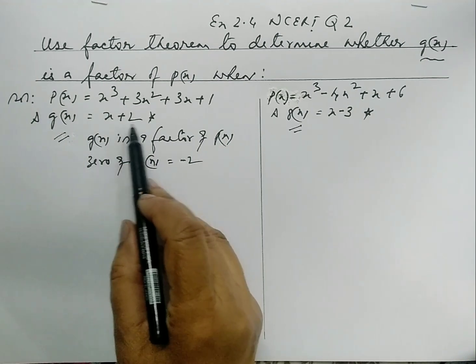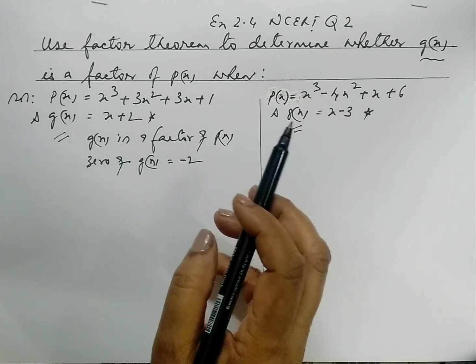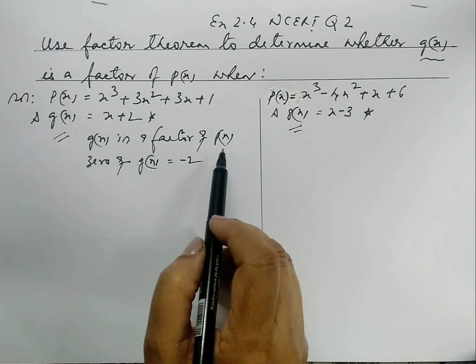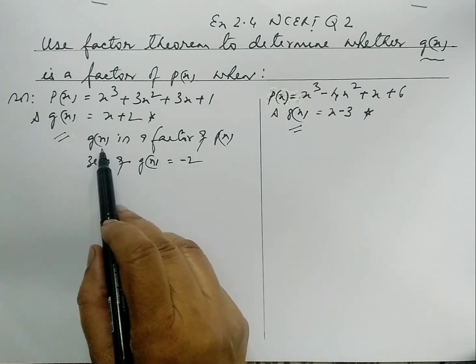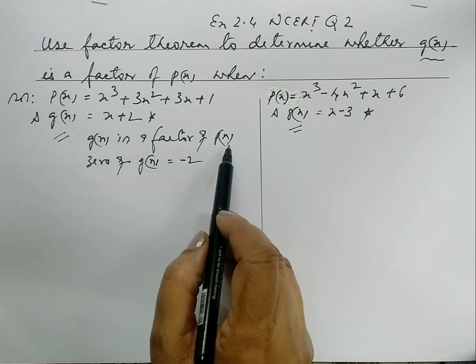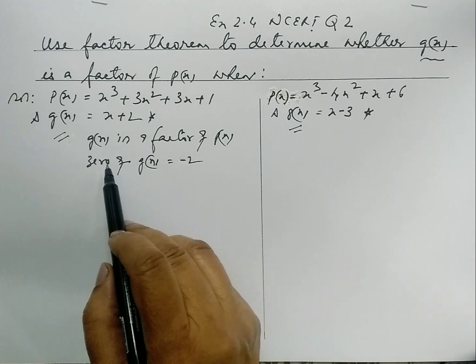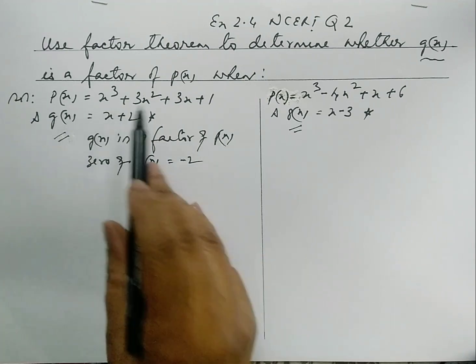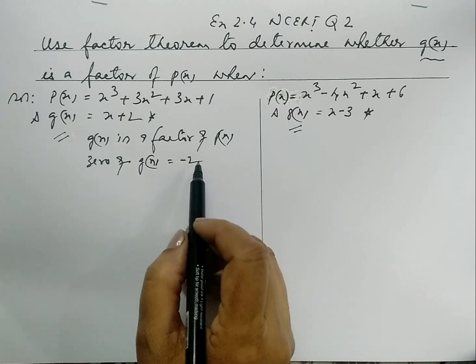So first of all, let's take this and try to find out what its zero is. For your convenience and to save time, I have written a few statements already. So g(x) is a factor of p(x), and its zero would be equal to minus 2. How?